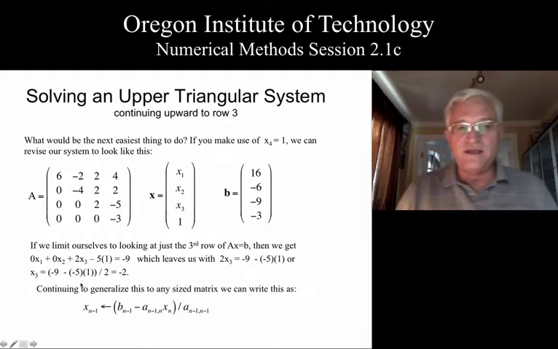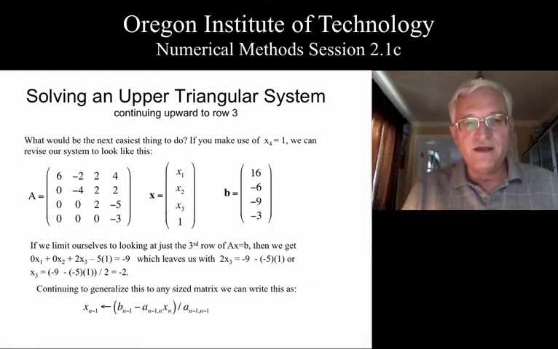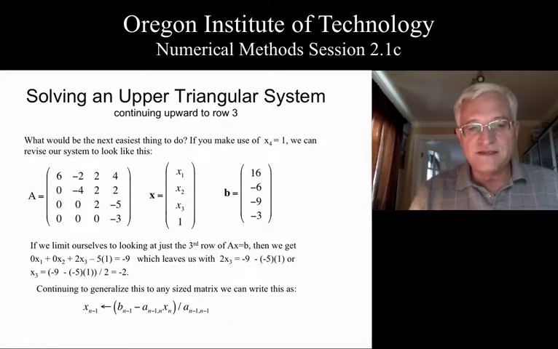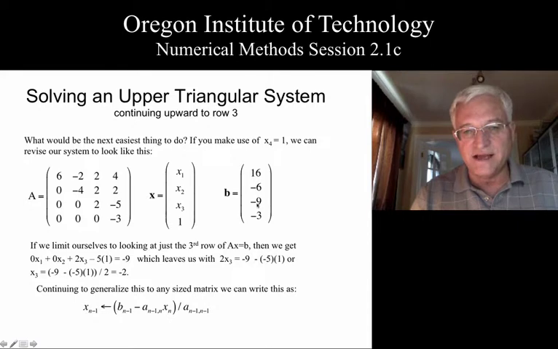So let's go ahead and look again at my more general case. If I had a full n by n system rather than just 4x4, the exact same simple formula still applies. I take the second to last b coefficient, which was minus 9 on the 4x4, and I just subtract off the coefficient applicable to x sub n, which is going to be this minus 5 right here, and I divide by the row 3, column 3 entry in this term at the bottom.